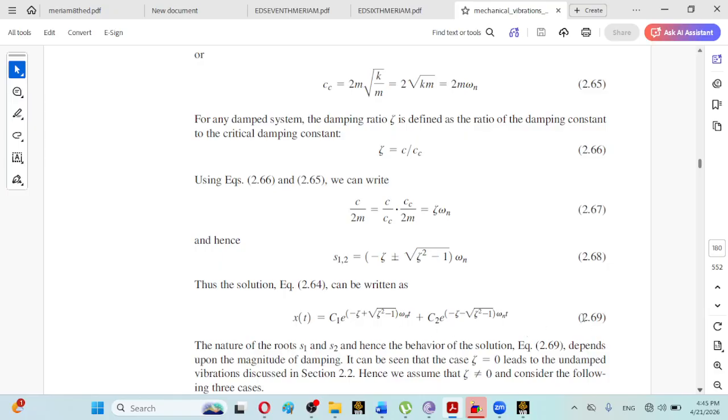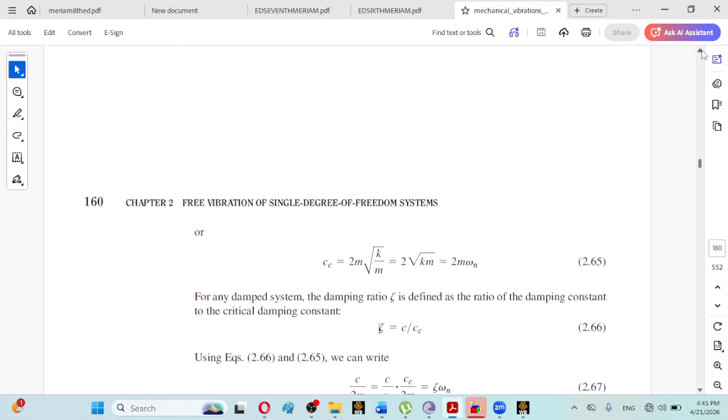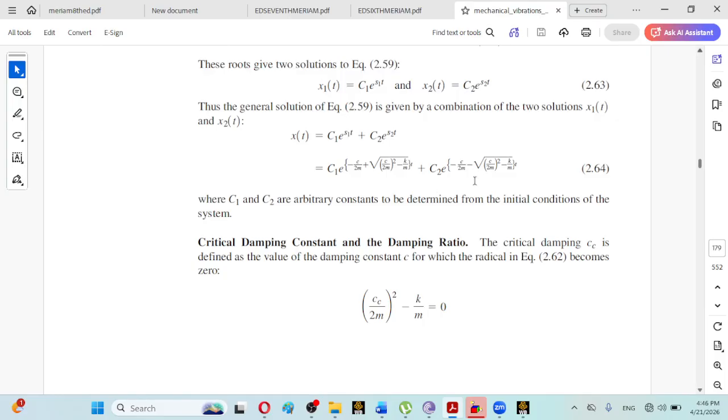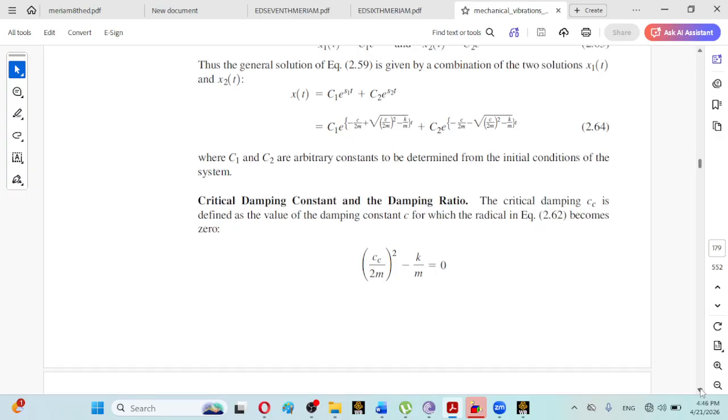So again, remember 2.69 and equation 2.64 are identical with each other. This equation is in terms of damping factor and circular frequency, and equation 2.64 was in terms of original parameters like damping constant or linear inertia, etc. So these equations can be used alternatively wherever needed.